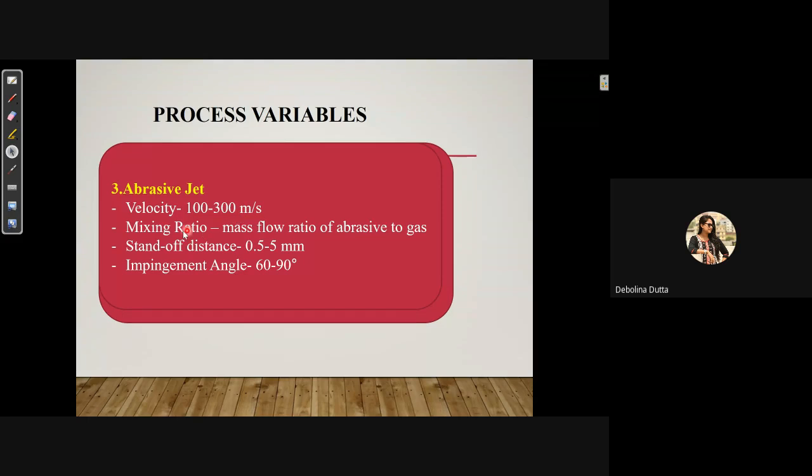Coming to the next, that is the mixing ratio. Mixing ratio means how much abrasive you are pumping into the system compared to the mass flow rate of the gas.